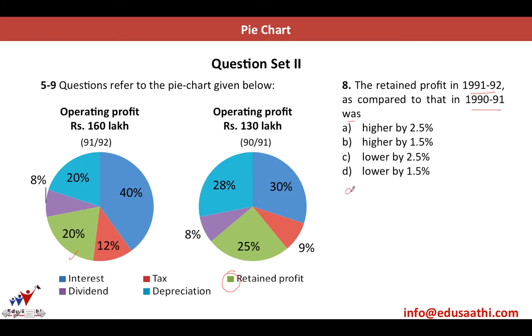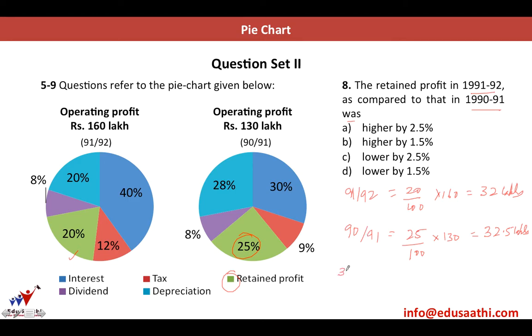In 91-92, the retained profit was 20 by 100 into 160, which is nothing but 32 lakhs. In 1990-91, it was 25% of 130, so 25 by 100 into 130. This is 32.5 lakhs.